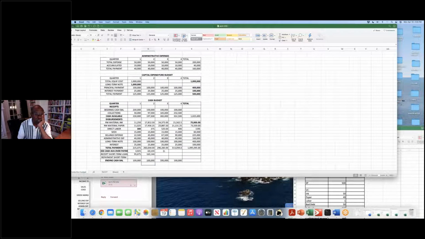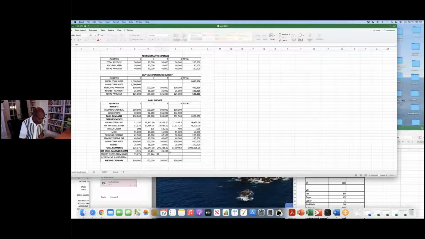Yes. So we come back up again with 265, and then we have 296, 283. That gives us negative 31,283. The next number will be 131,283.